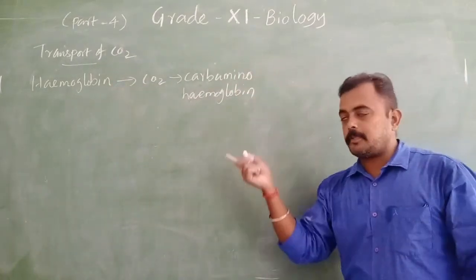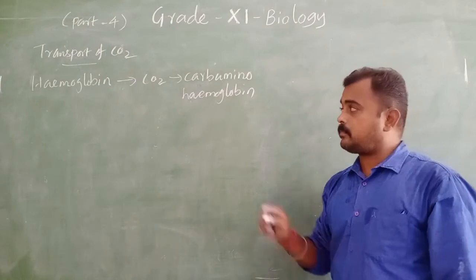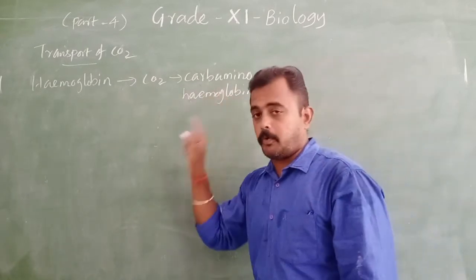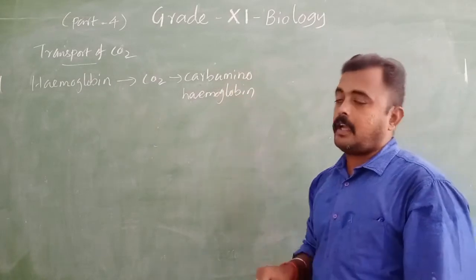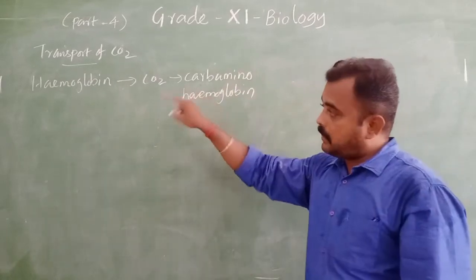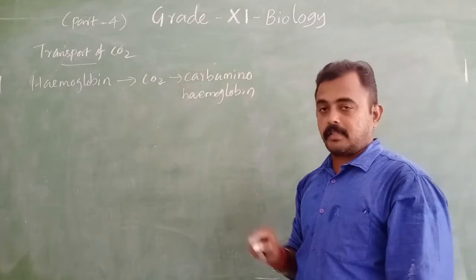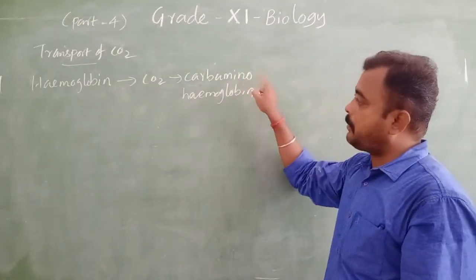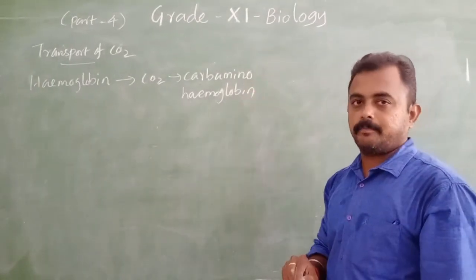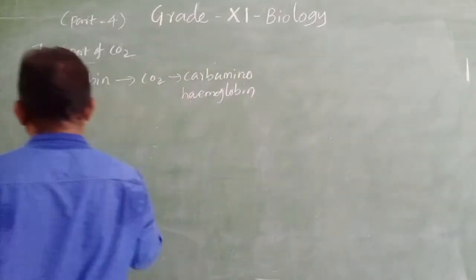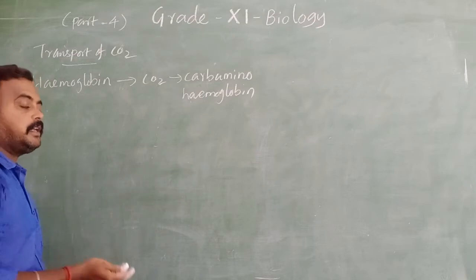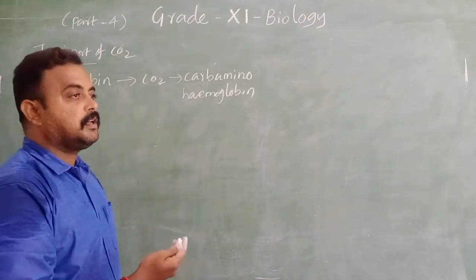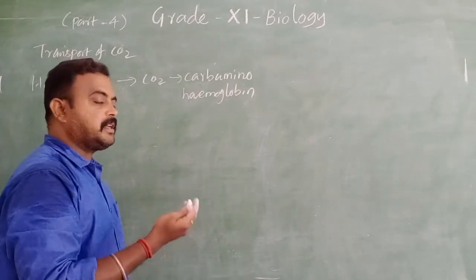In transport of oxygen, it is called oxyhemoglobin. In transport of carbon dioxide, if hemoglobin is carrying carbon dioxide, that means it is carbaminohemoglobin. Right. The binding of oxygen is related to some factors.